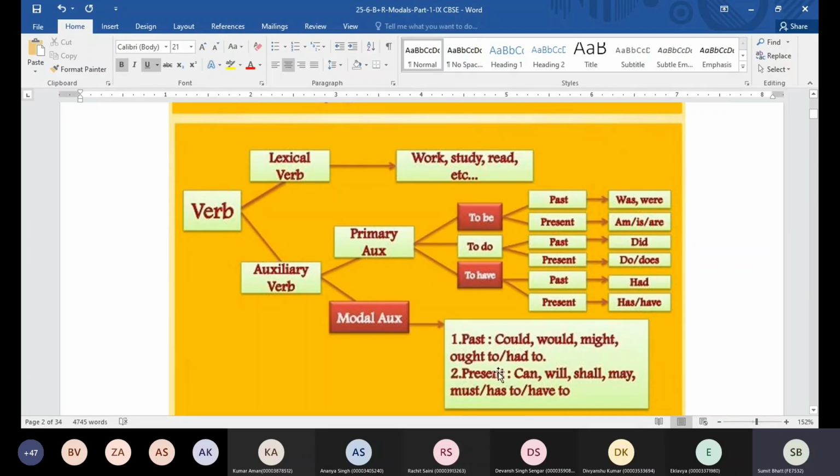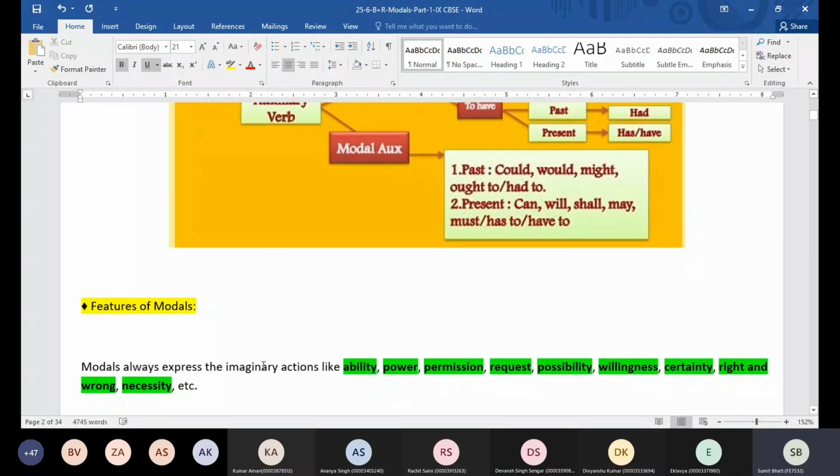But if you refer to these modals, they are not going to tell you about only time, they're going to tell you about more than time. Modal auxiliaries help you tell the ability of a person or a thing, power, permission, a request, possibility, willingness, certainty, something being right or wrong, and whether something is necessary or not.